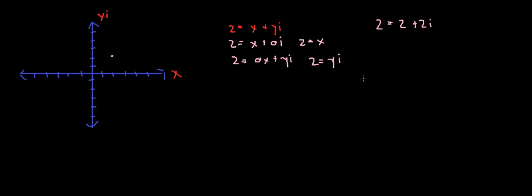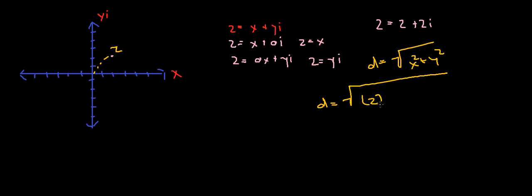So they'll use their distance formula, d = square root of x squared plus y squared, and they'll just put in, let's find the distance of this. This is z. So I'll do something like this: 2 squared plus 2i squared.